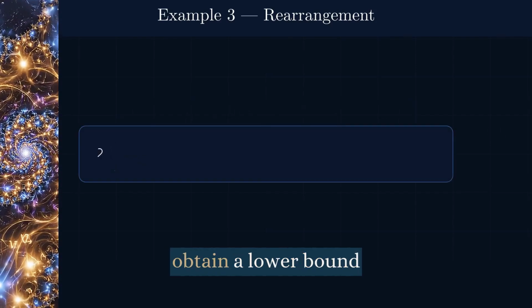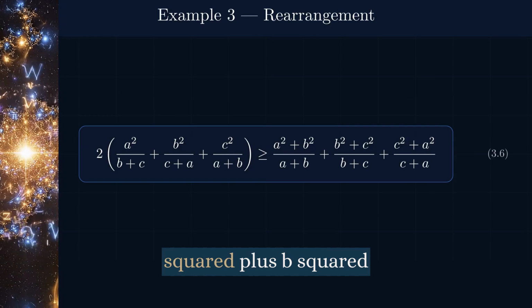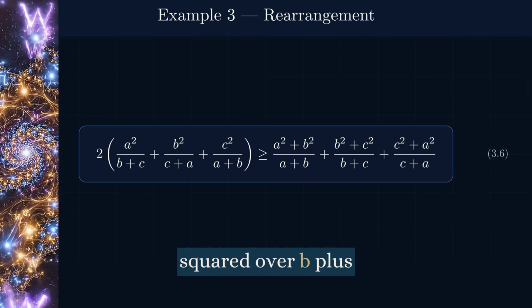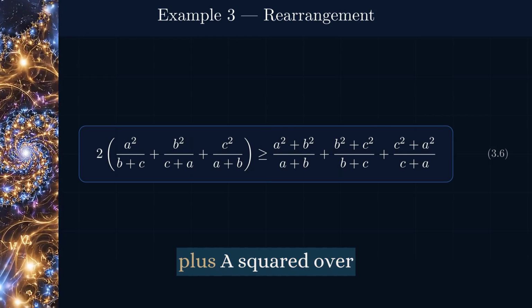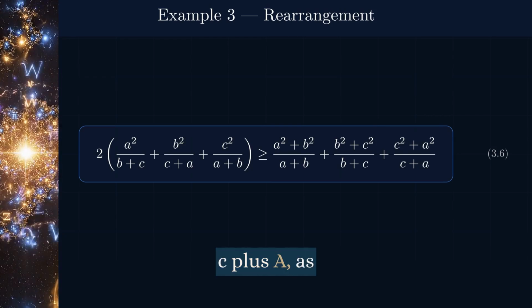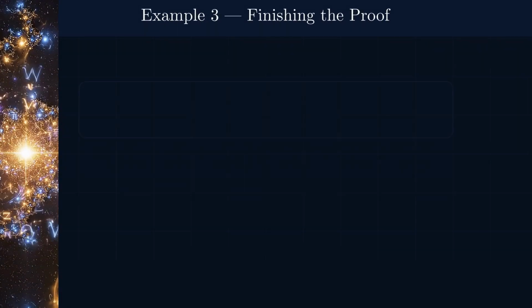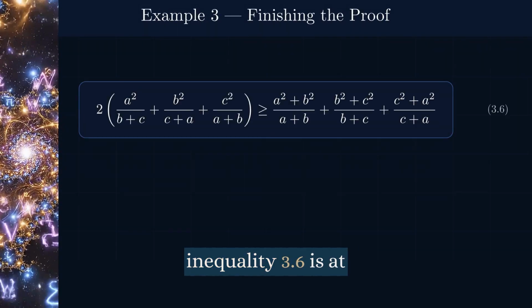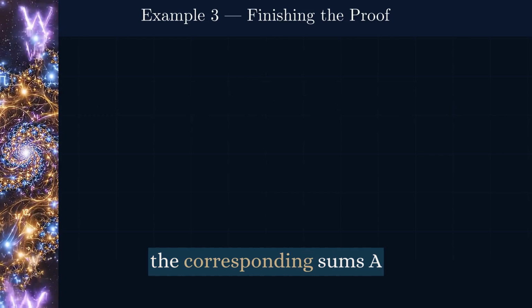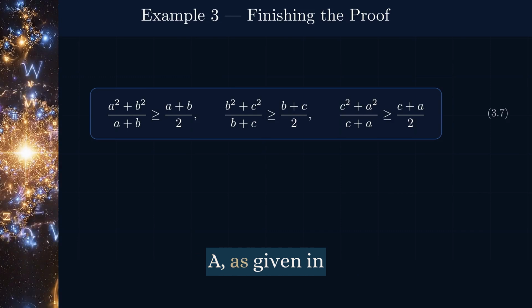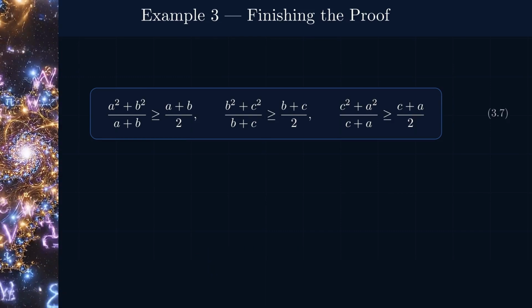After adding them, we obtain a lower bound in terms of A squared plus B squared over A plus B, B squared plus C squared over B plus C, and C squared plus A squared over C plus A, as stated in inequality 3.6. Each term on the right-hand side of the inequality 3.6 is at least 1/2 of the corresponding sums A plus B, B plus C, and C plus A, as given in formulas 3.7.